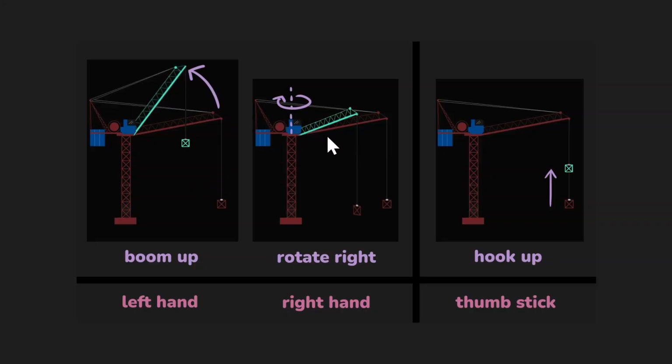And there is a 3D motion, so you rotate the boom about the tower. And the directions that I'll give you for these are hook up or hook down, boom up or boom down, and rotate right or rotate left.